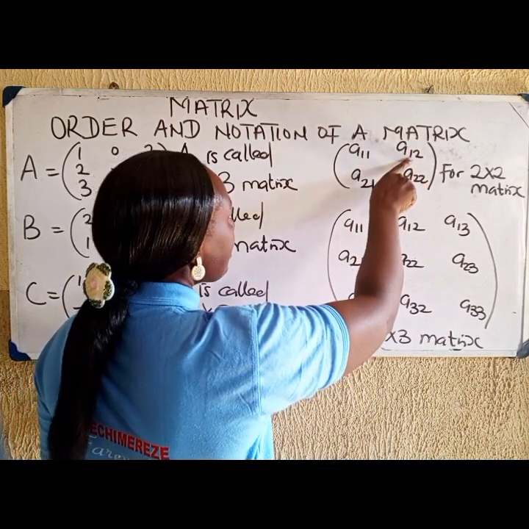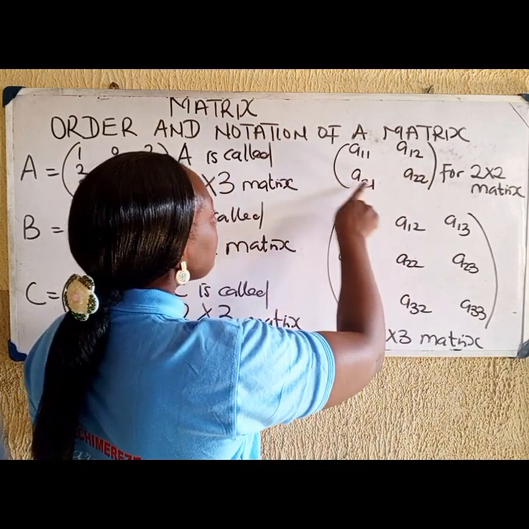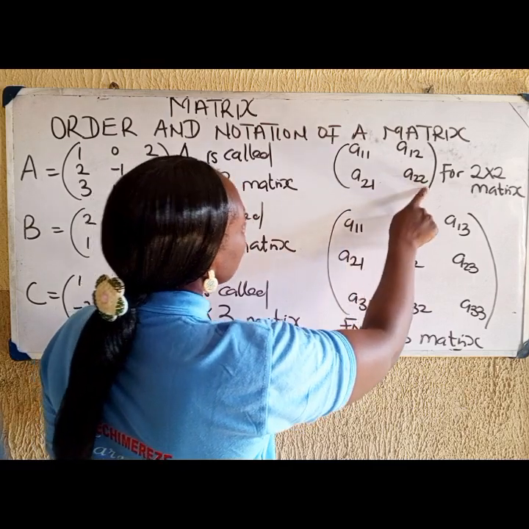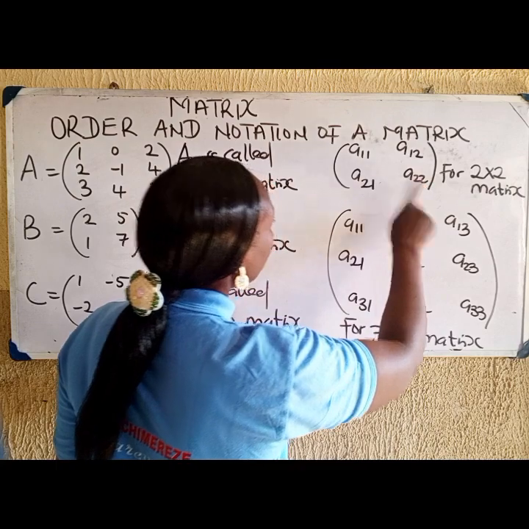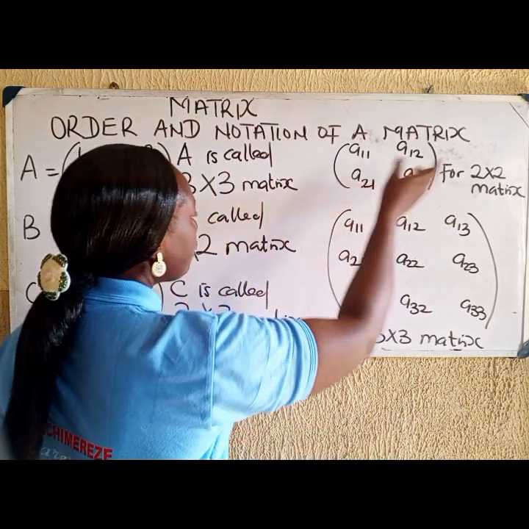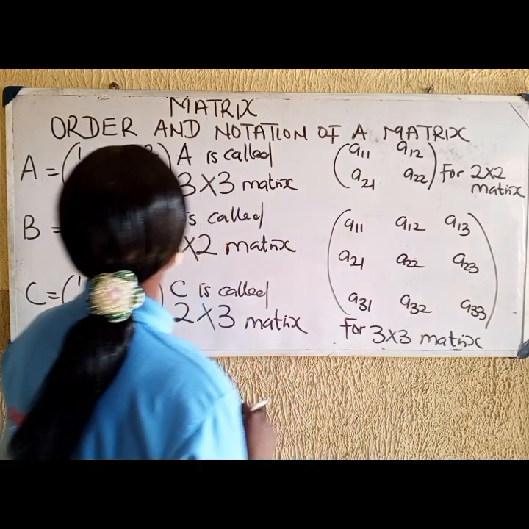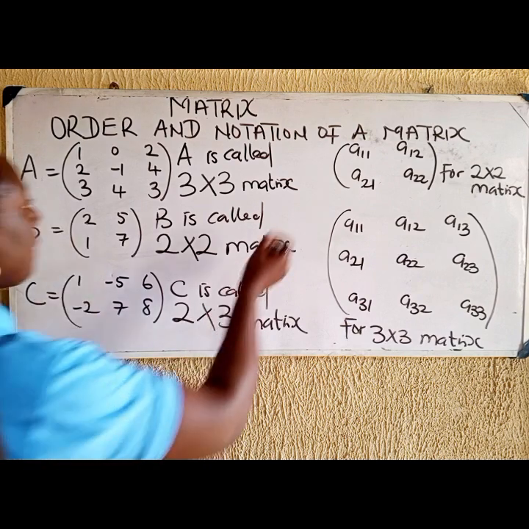A12 means first row and second column. A21 means second row and first column. A22 means second row and second column for 2 by 2, and this is for a 3 by 3 matrix, the same way.